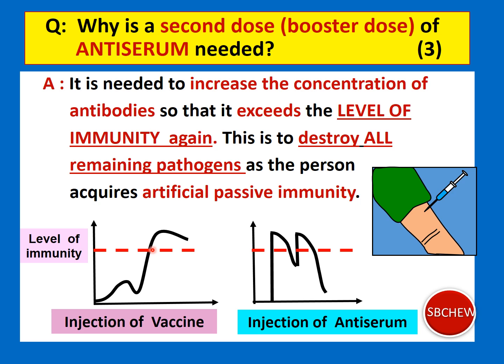It's not to destroy pathogens, because this person did not have pathogens in his body that caused him to be sick. Okay, so we must remember that the reason for the second injection is different for injection of vaccine here and for injection of antiserum here.